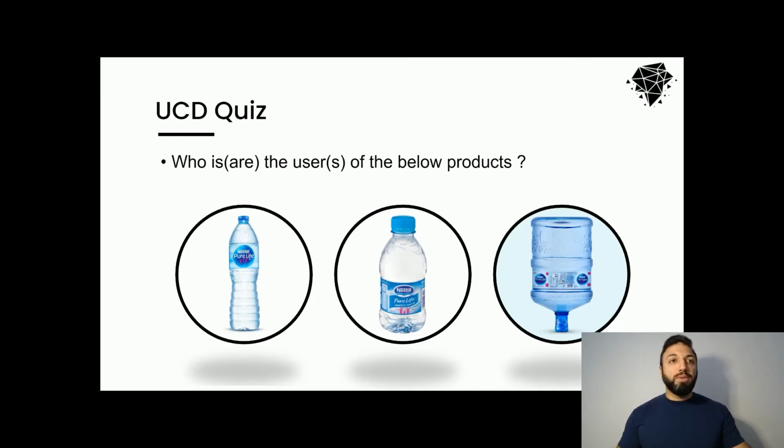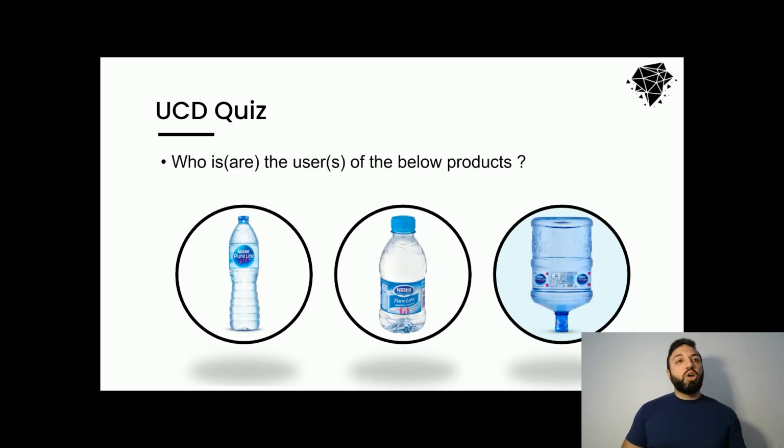You see the left one, which is the typical 1.5 liters, the middle one, which is, I don't know how many liters this is, but it's probably 300 or 400 milliliters. And there is the one on the far right, which is the 20 liter gallon.